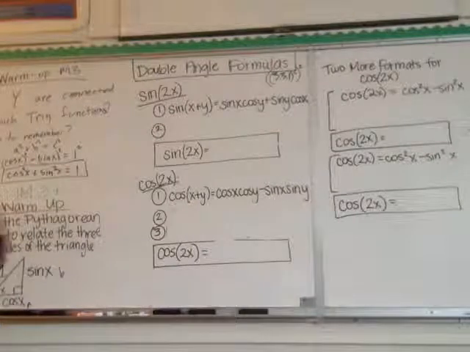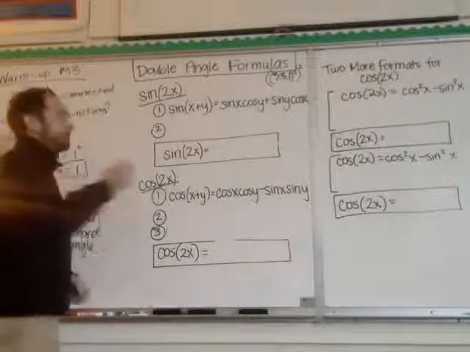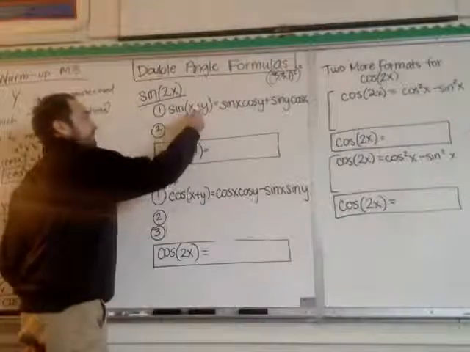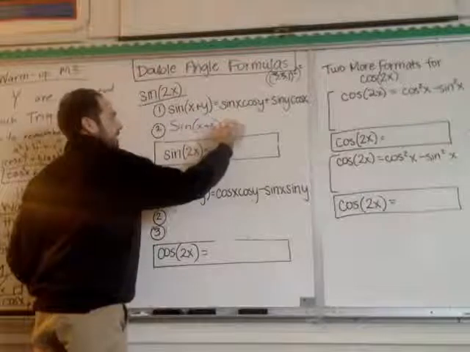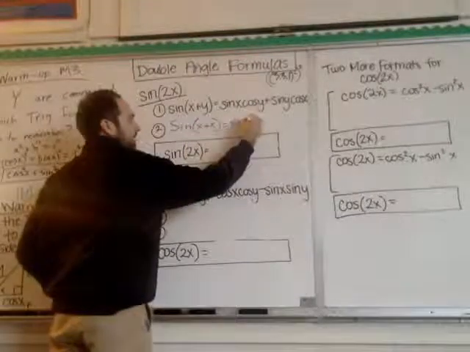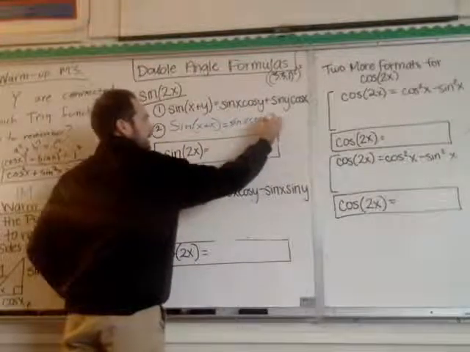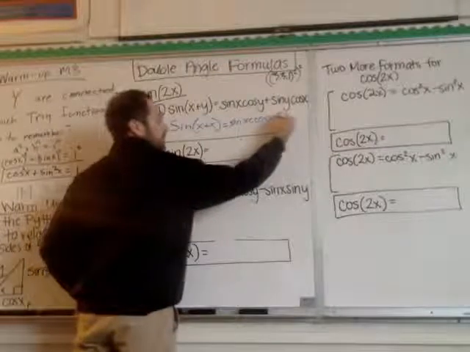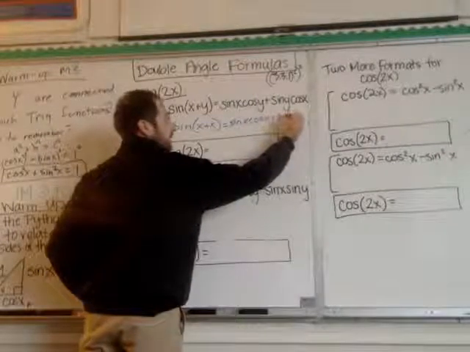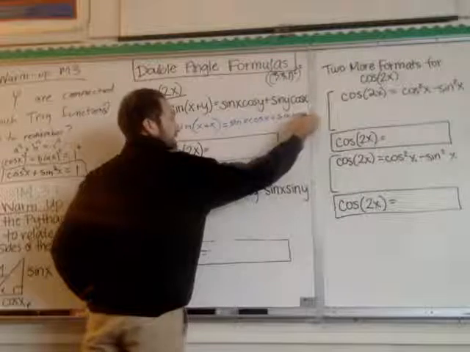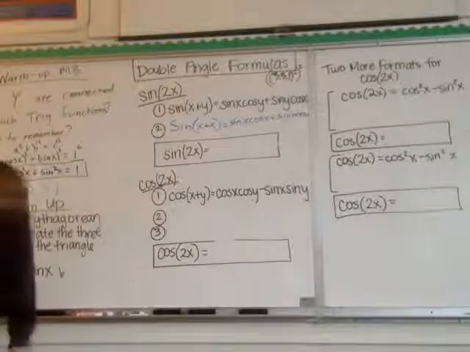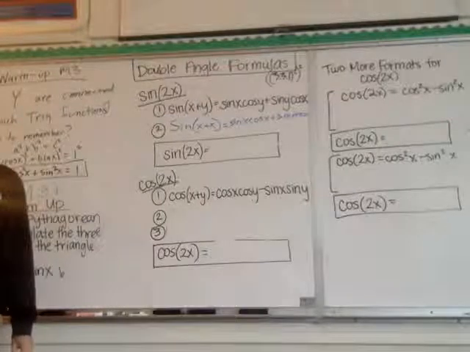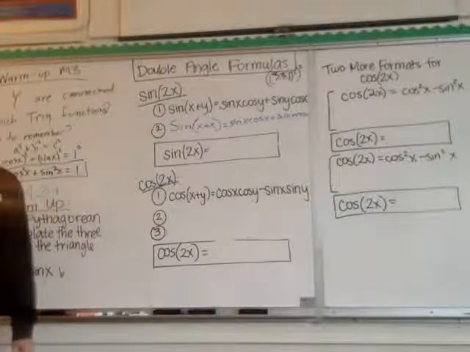And this one goes pretty quick. Like I said, if we have the sine of x plus x, look what happens. Sine of x, cosine of x. I mean, just fill it in. Just changing all the y's to x is sine of x, cosine x. Wow, look what we have there. What do you see? 2 sine x. Those quantities are identical.